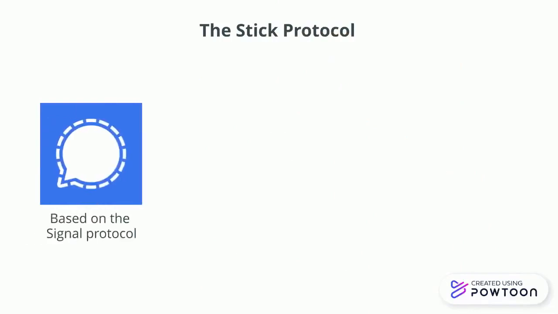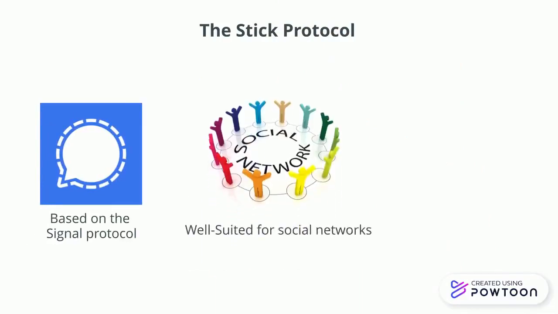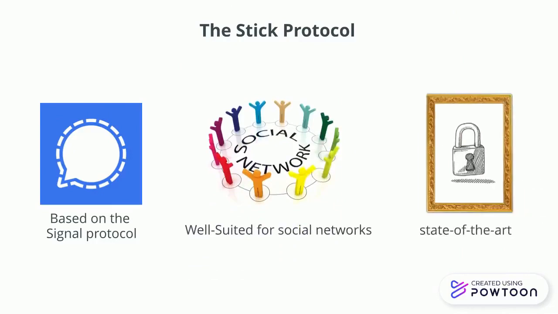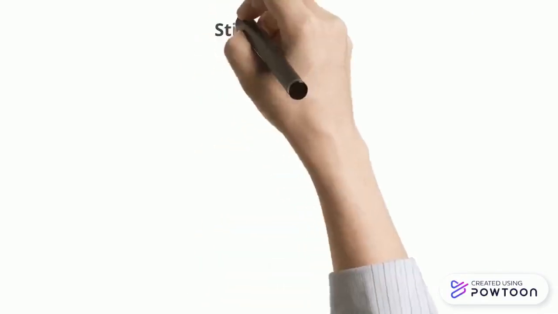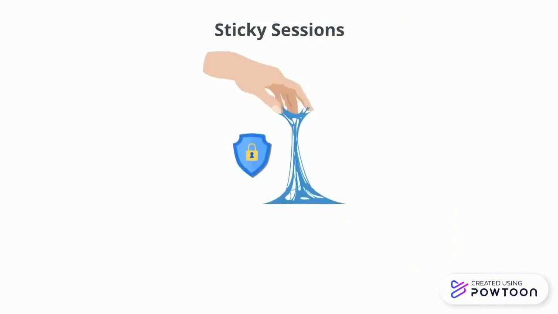The STIC protocol is based on the Signal protocol, which is one of the most secure and widely used end-to-end encryption protocols. The STIC protocol was designed to be well suited for social network platforms, while preserving the state-of-the-art security features of messaging protocols. The STIC protocol is able to achieve this through what it calls sticky sessions.